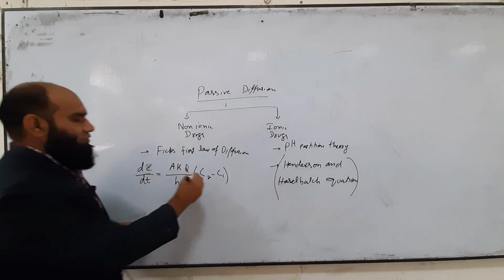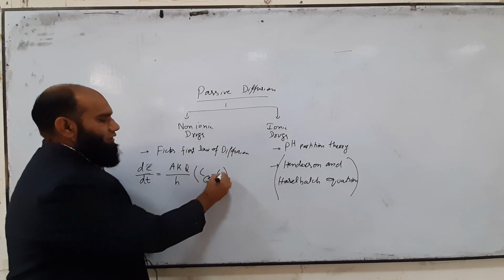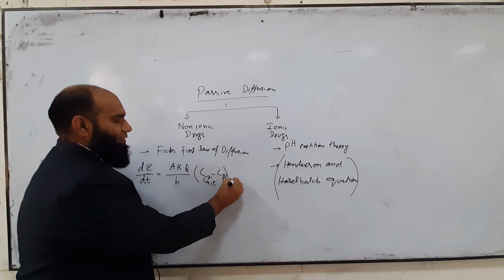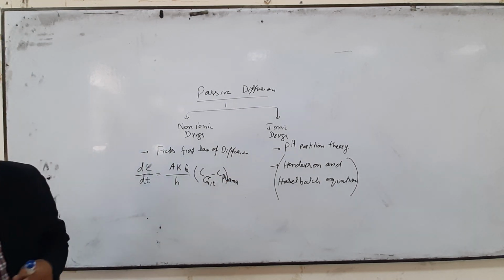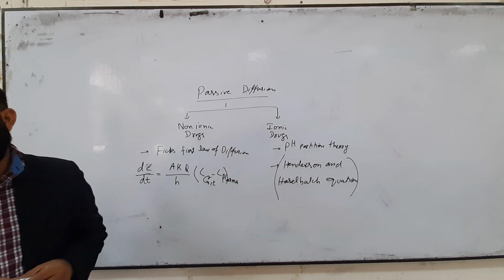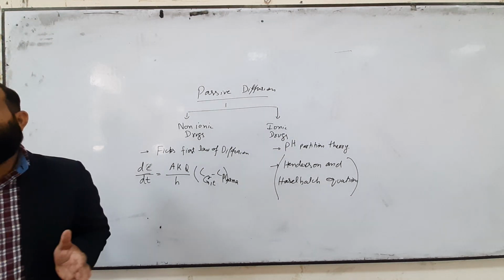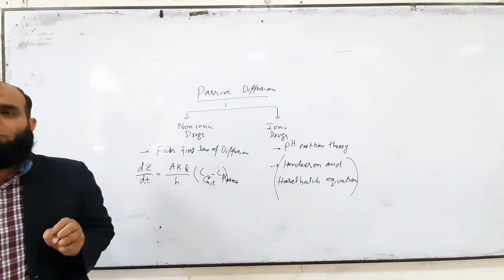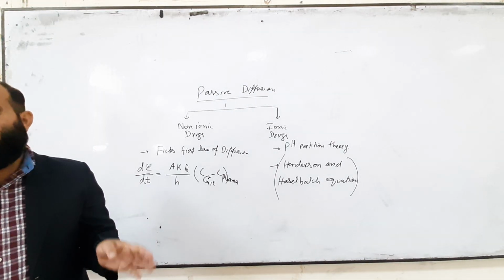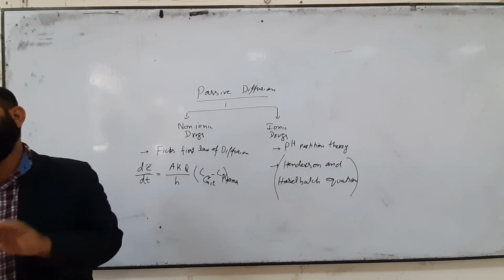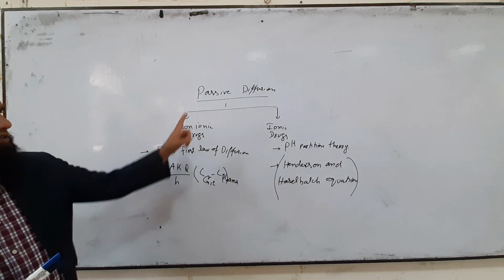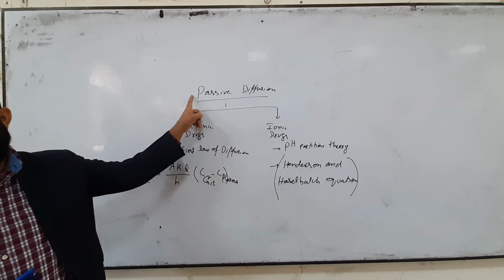C2 is the concentration in the GIT, and C1 is the concentration in plasma. We assume that the concentration of drug in the GIT is maximum, and due to this maximum concentration, the drug will move from the higher concentration towards the lower concentration through the concentration gradient, which is the actual concept of passive diffusion.